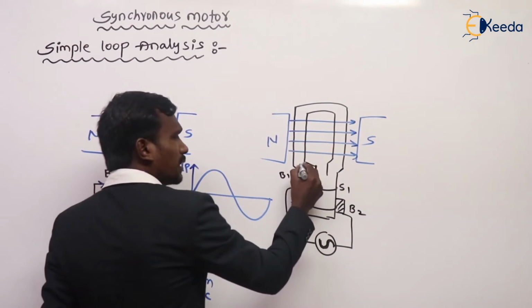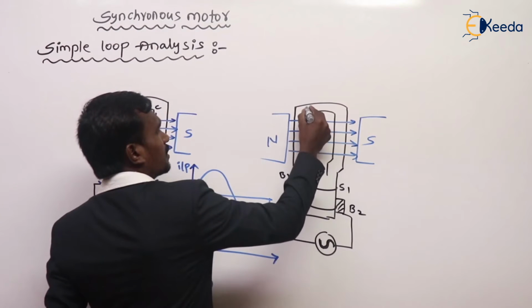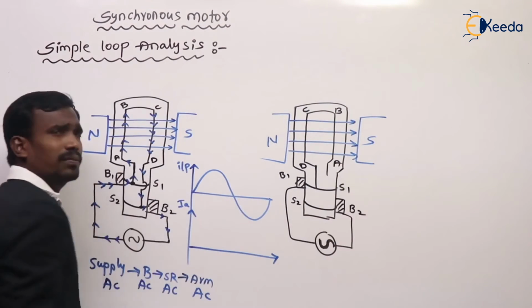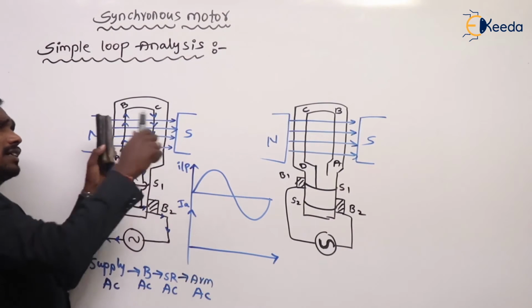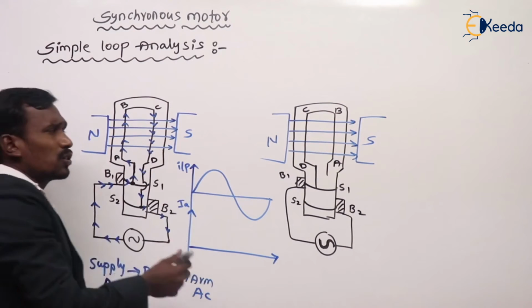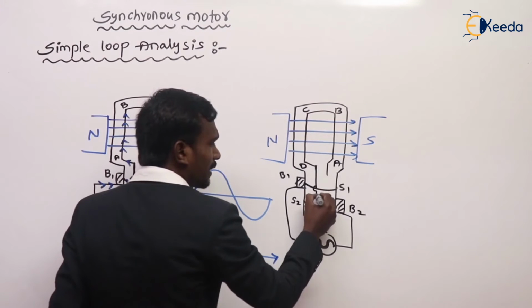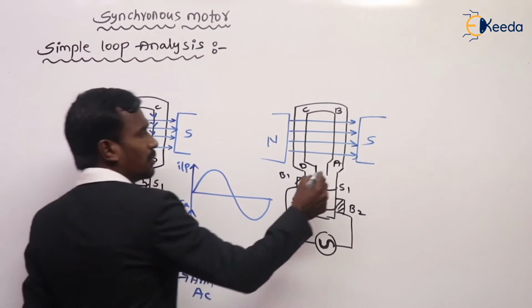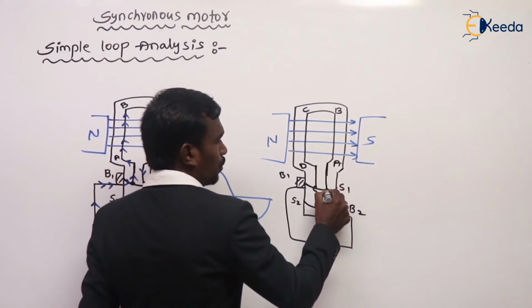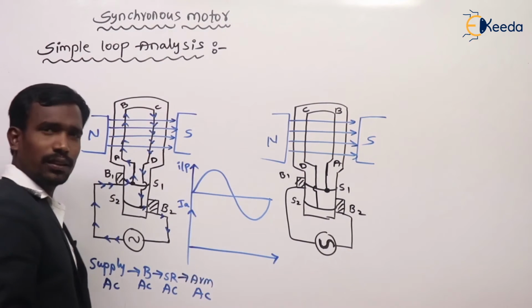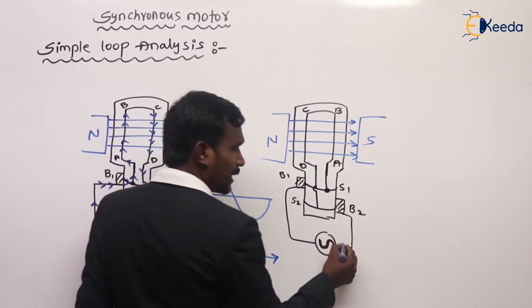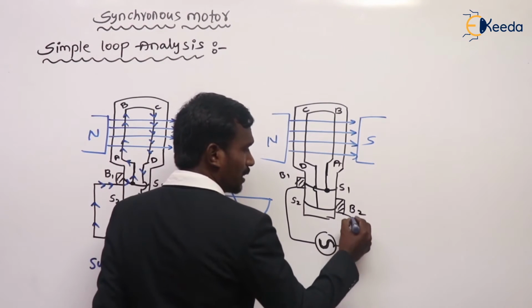That's why this is D and this is C and this is B and this is A when these conductors are rotating. So this CD conductor is connected to slip ring 2 and brush 2 again. This AB conductor is connected to slip ring 1 and brush 1. Here the negative half cycle, that's why current is alternating in nature.